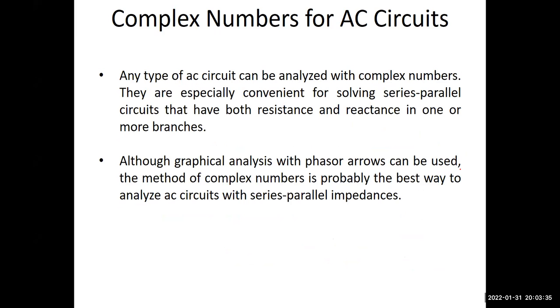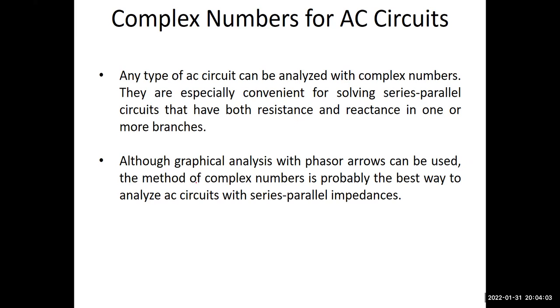So any type of AC circuit can be analyzed with complex numbers, so they are conveniently used for solving series-parallel circuits that have both resistance and reactance in one or more branches. Although graphical analysis with phasor arrows can be used, the method of complex numbers is probably the best way to analyze AC circuits with series-parallel impedance.